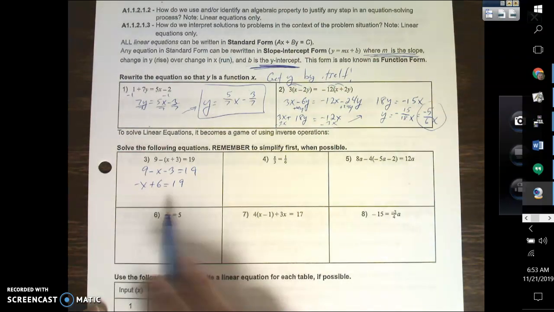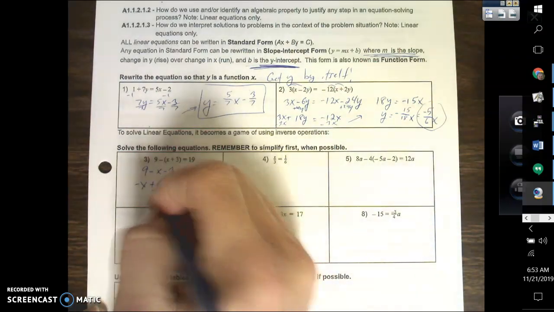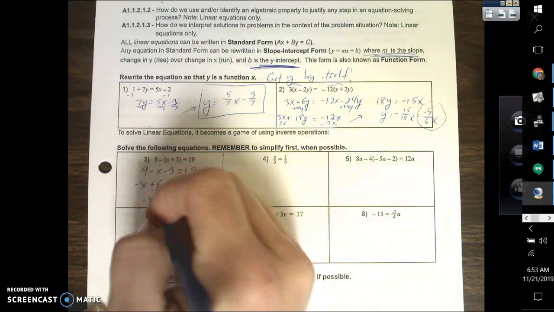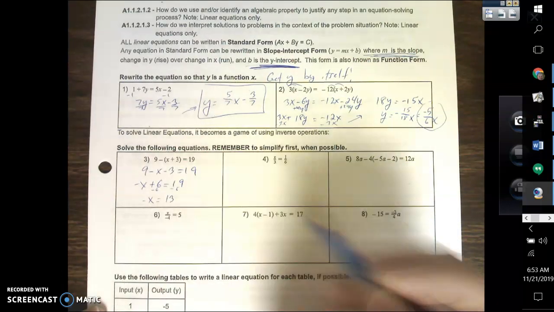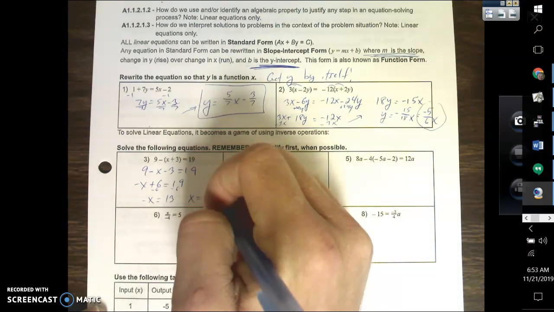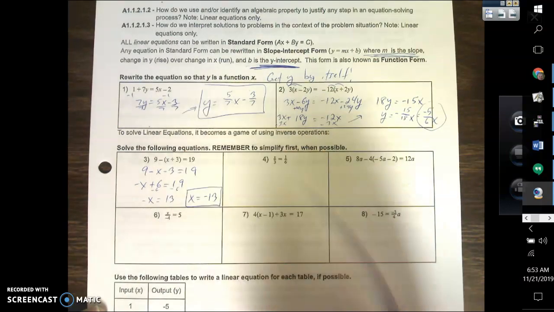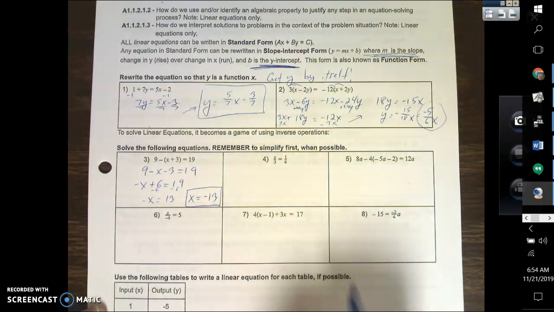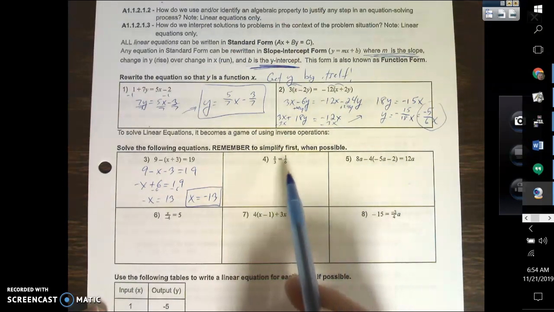I can subtract 6 over. Negative x equals 13. Please be careful, you're not done yet. You have to divide both sides by negative 1 because you don't want a negative x, you want a positive x. Boom.